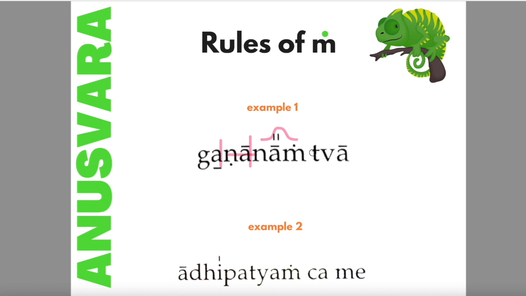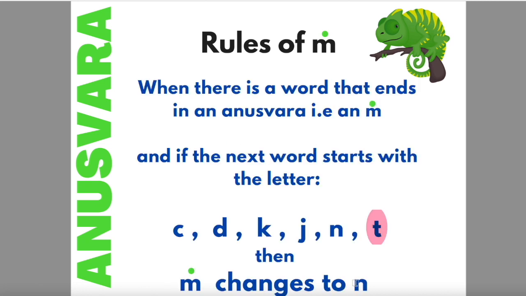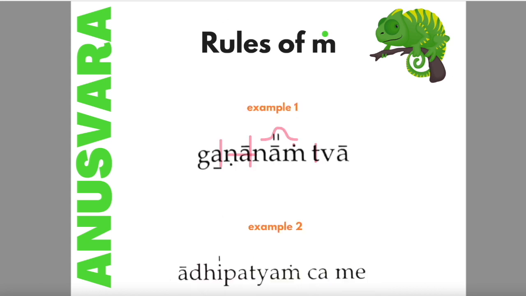Om Gananam Tva. But what we notice is that there's an M with the dot on top. We then look at the next letter that follows, which is a T sound. And the rule states that if there is a T, it will change the M to a N. So we then have Gananaan.